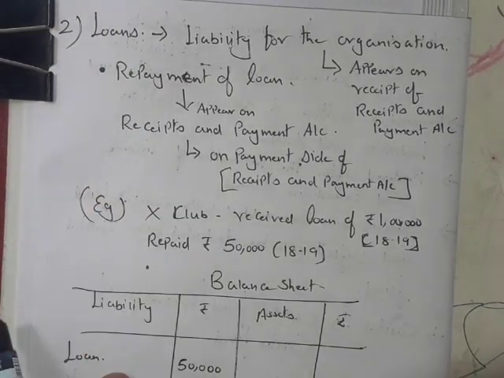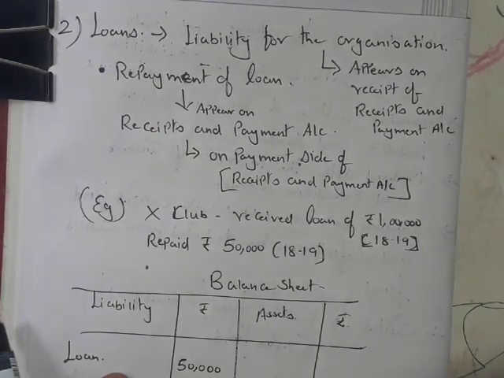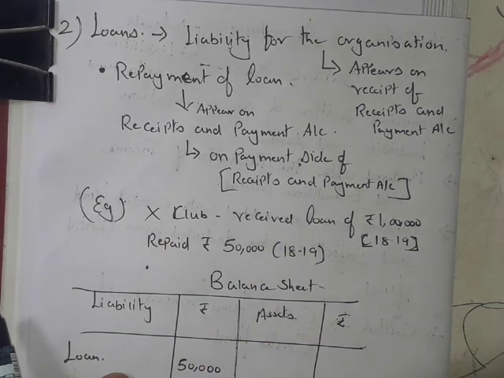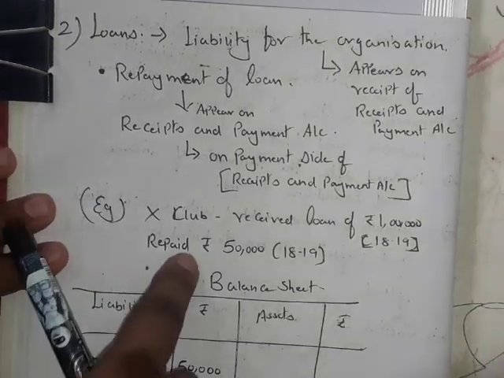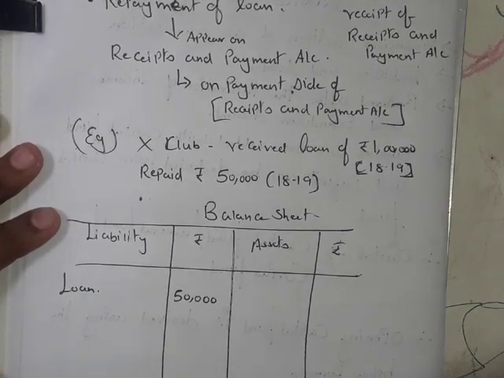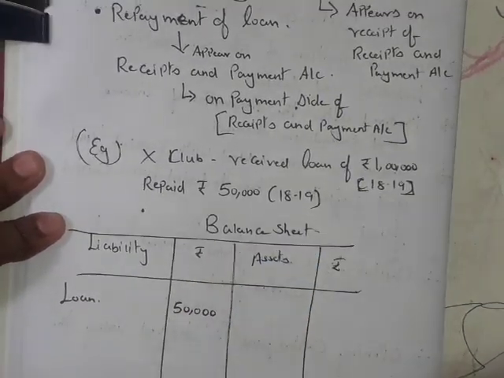So let's take an example to understand the concept in a better way. There is a club by name X Club which has received a loan amount of rupees 1 lakh during the year 2018-19. And during that year itself, the club has repaid an amount of rupees 50,000 against the loan it got, that is against 1 lakh.